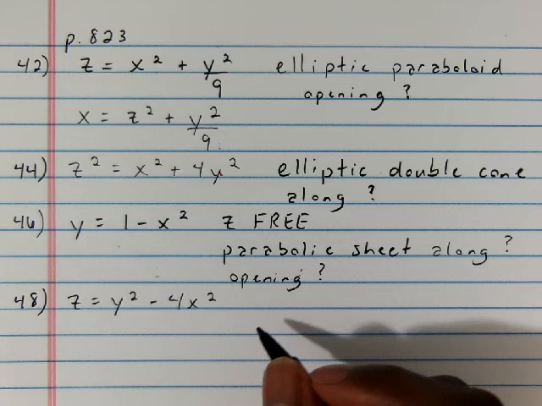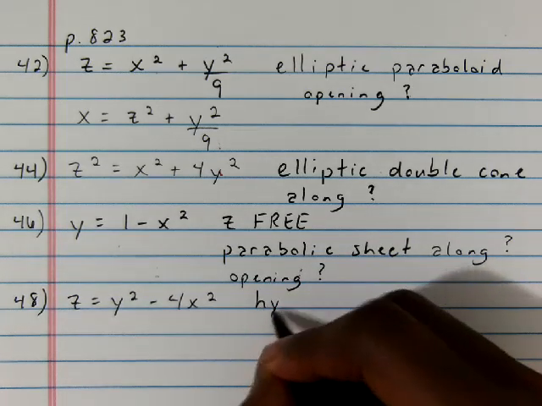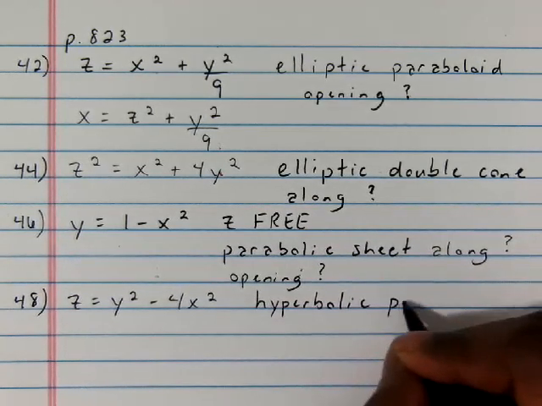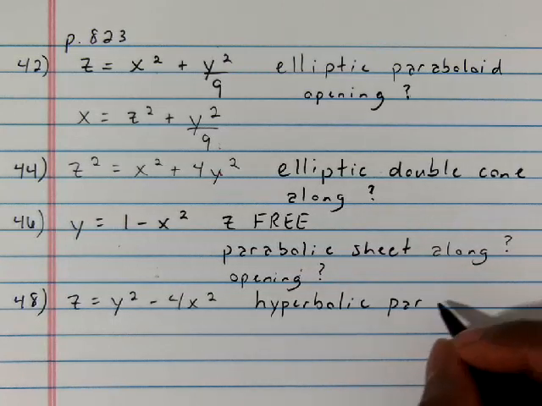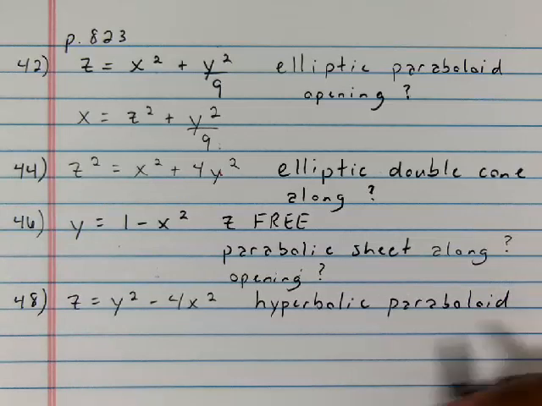So this is going to be a hyperbolic paraboloid, because when we plug in and look at our traces, it's made of hyperbolas and parabolas.